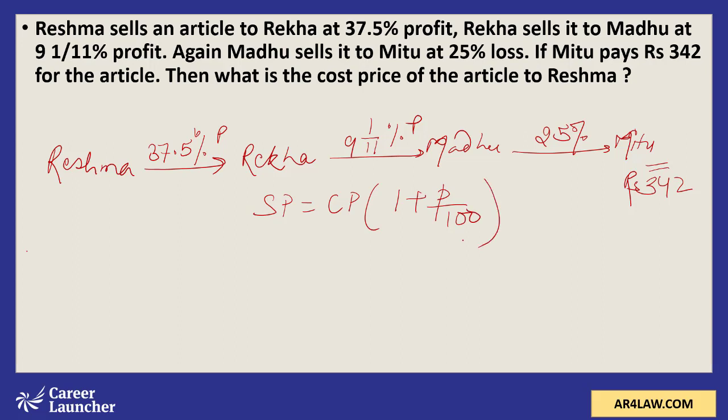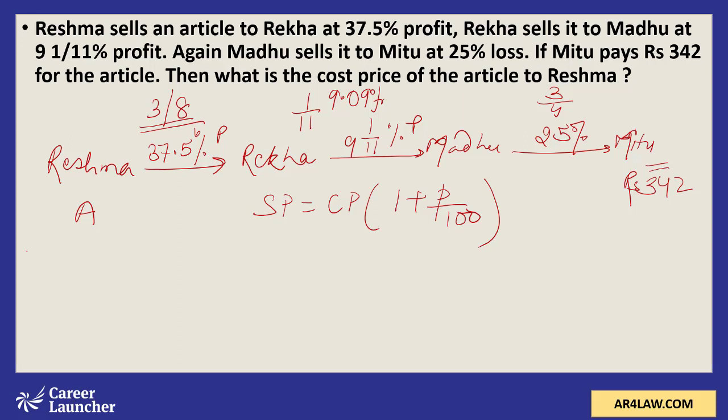So if the price of the article to Reshma is A, the price to Rekha would be 1 plus 37.5 by 100 into A. Now 37.5%, as I said, reciprocal equivalence. 37.5% is 3 by 8. 1 by 11 is actually 9.09%, or in terms of fraction it is nothing but 1 by 11. 25% loss would mean that it's being bought at 3/4 of the price.